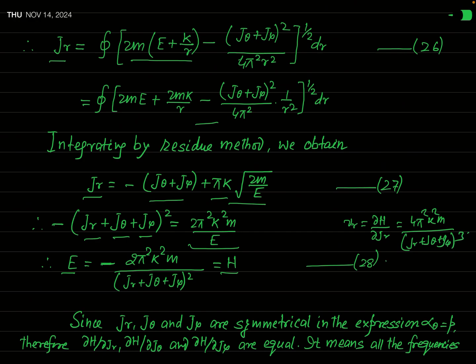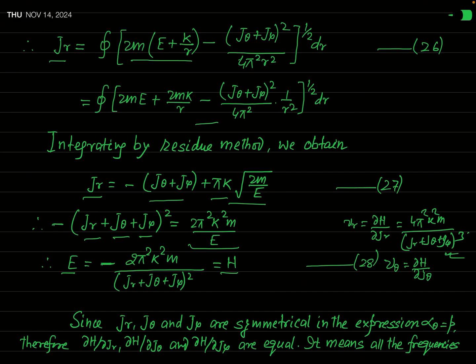Similarly, if you find the frequency corresponding to the coordinate θ, that will be νθ, and that will be ∂H/∂jθ. But when you find ∂H/∂jθ, the result will be the same. So the frequencies corresponding to the three coordinates r, θ and φ will be equal.